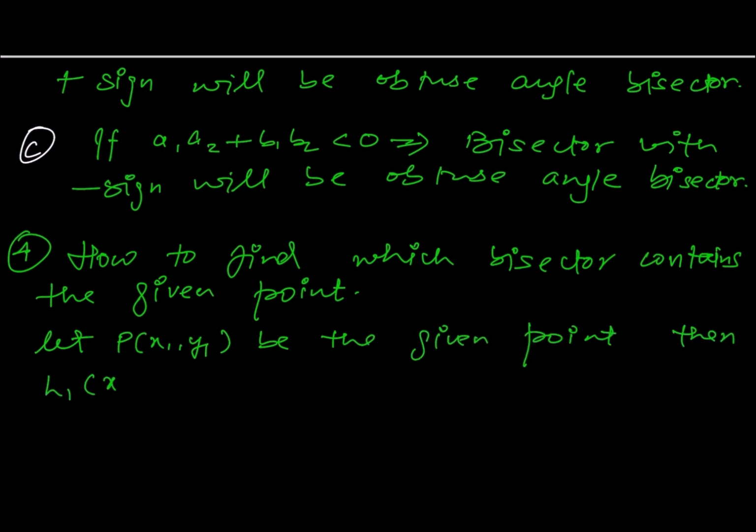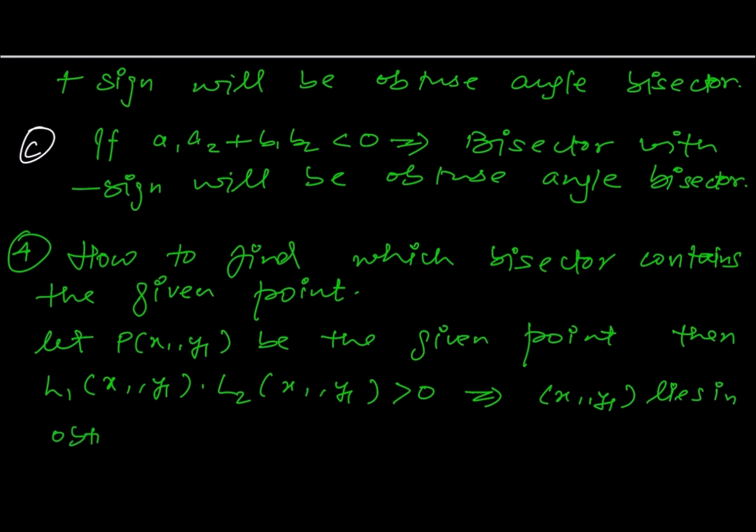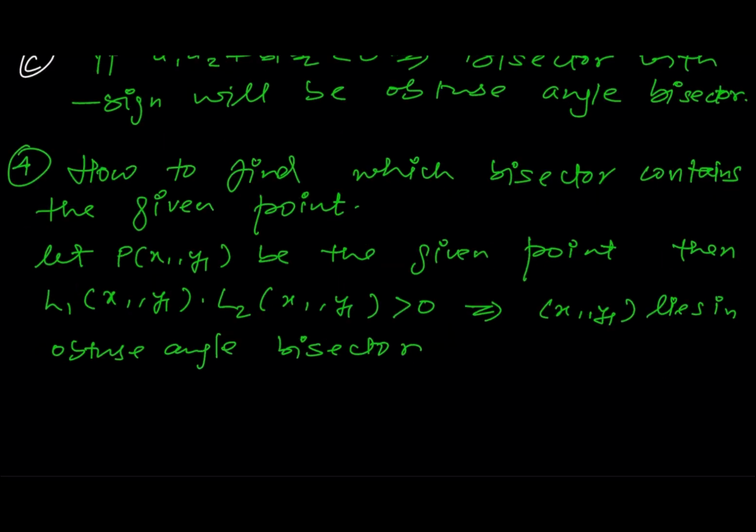If L1(x1, y1) into L2(x1, y1) is positive, implies (x1, y1) lies in the obtuse angle bisector. If L1(x1, y1) into L2(x1, y1) is negative, then (x1, y1) lies in the acute angle bisector. Right?